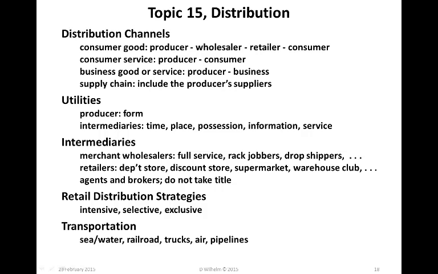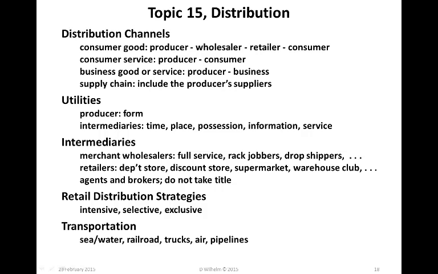Transportation: sea or water, it's the slowest but also the cheapest. I believe container ships pretty soon will be able to hold 15,000 of the standard containers. Railroad, trucks, air is the fastest but also the most expensive.